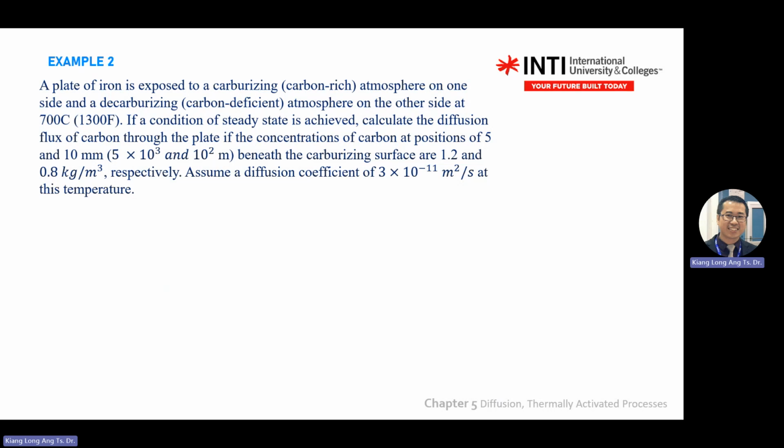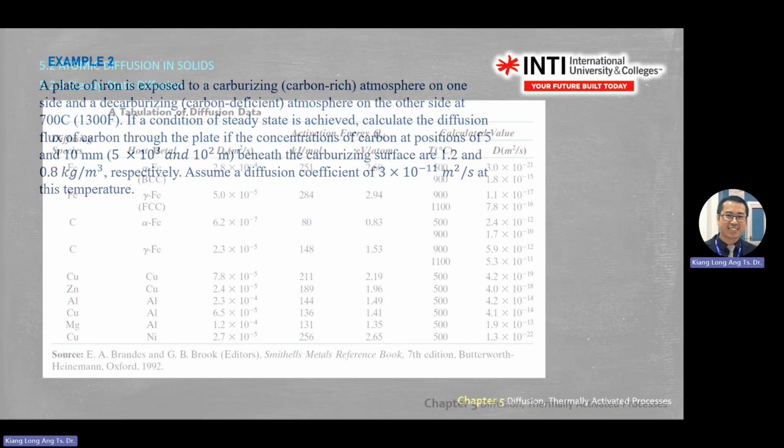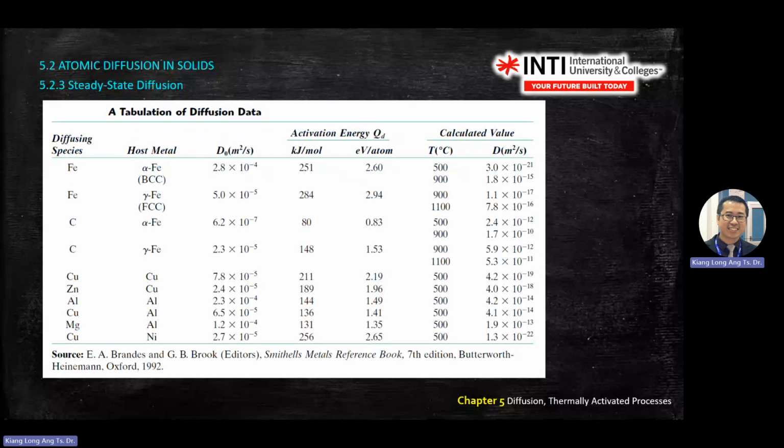Okay, so your solute is carbon, your solvent is iron, but you don't know which type of iron, right? So it tells you more information at 700 degrees Celsius. Here, you don't have any 700 here. You need to do interpolation if needed.